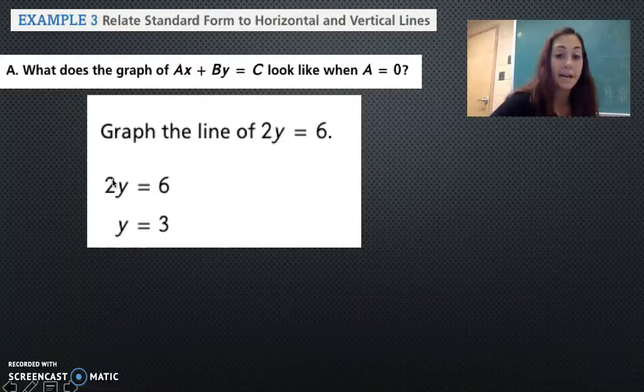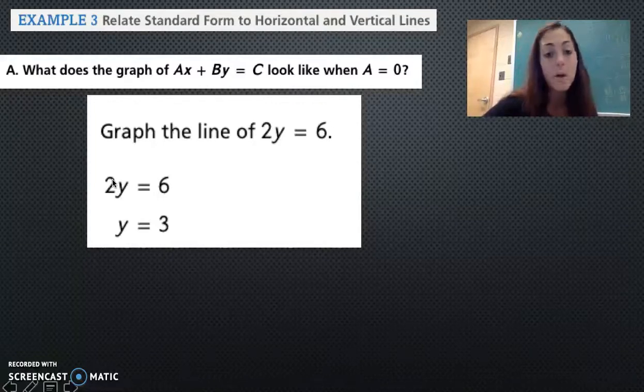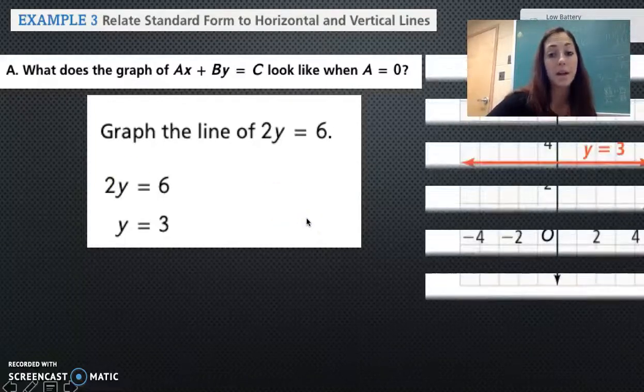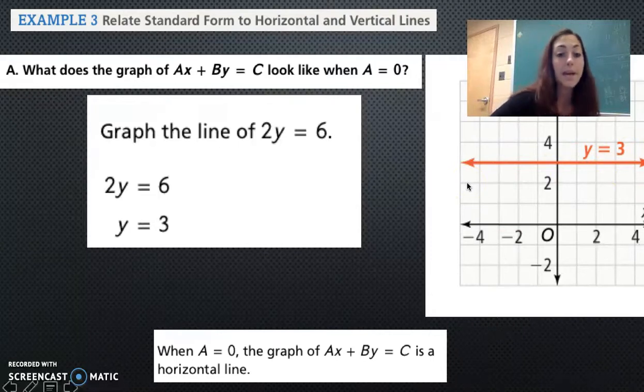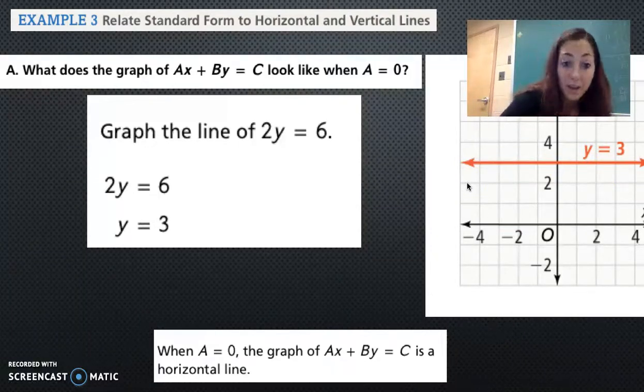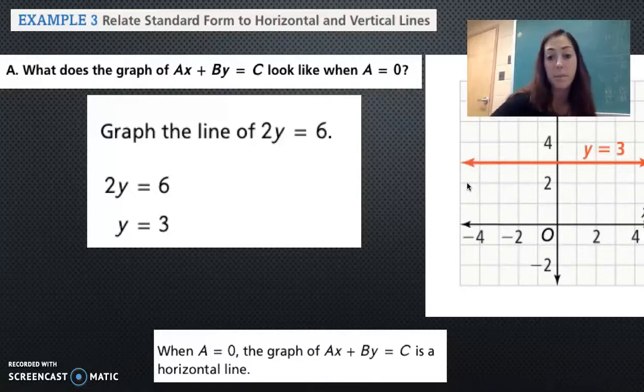So if x is 10, x is 9, x is 0, x is negative 3, y is 3. So that line, you'll see what it looks like. y equals 3 is a horizontal line. So when A is 0, when there's no x value, you have a horizontal line. That's just a nice fact to remember, and hopefully through some practice we will remember that.